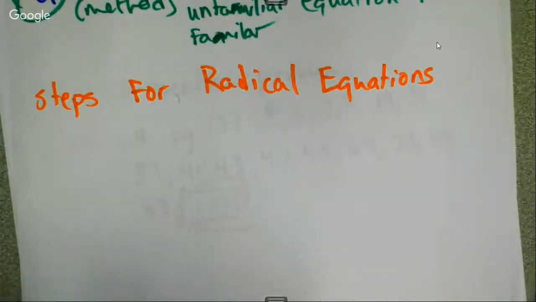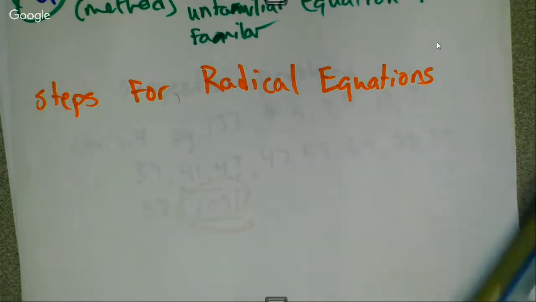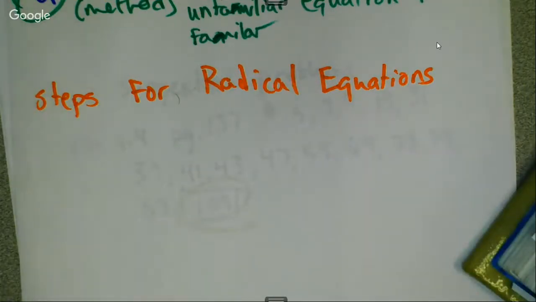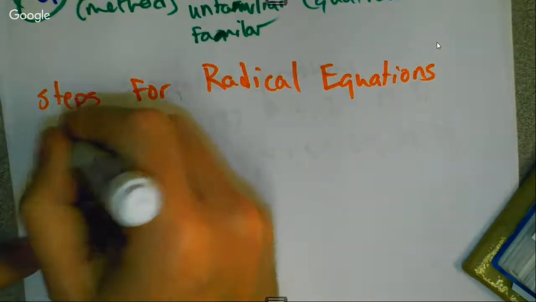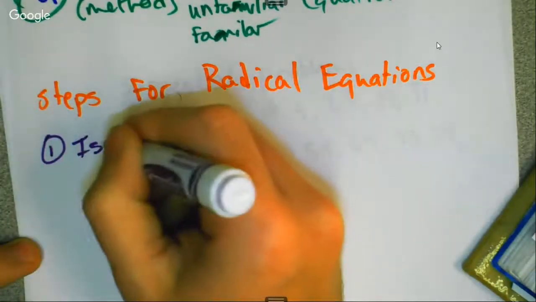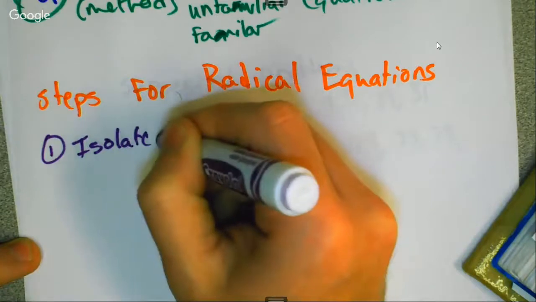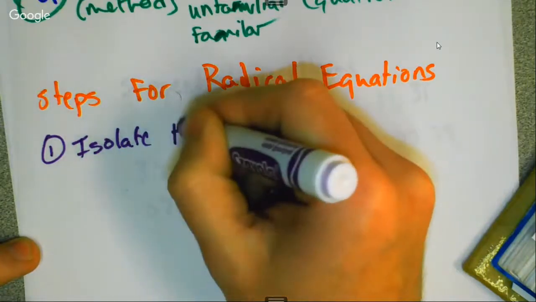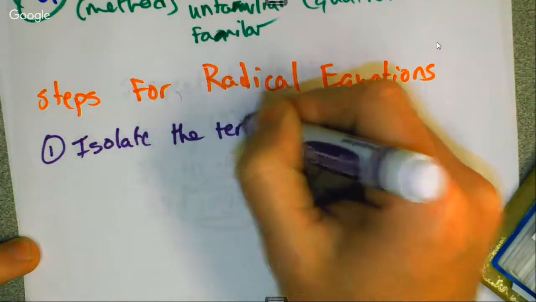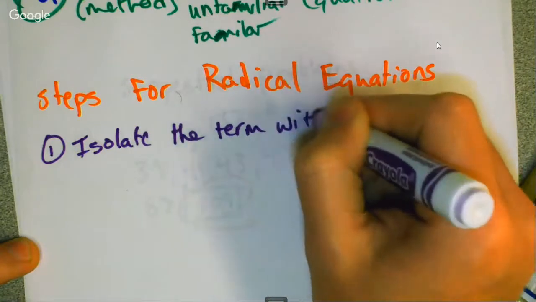So steps for solving a radical equation. Step number 1, we want to isolate the term with the radical.